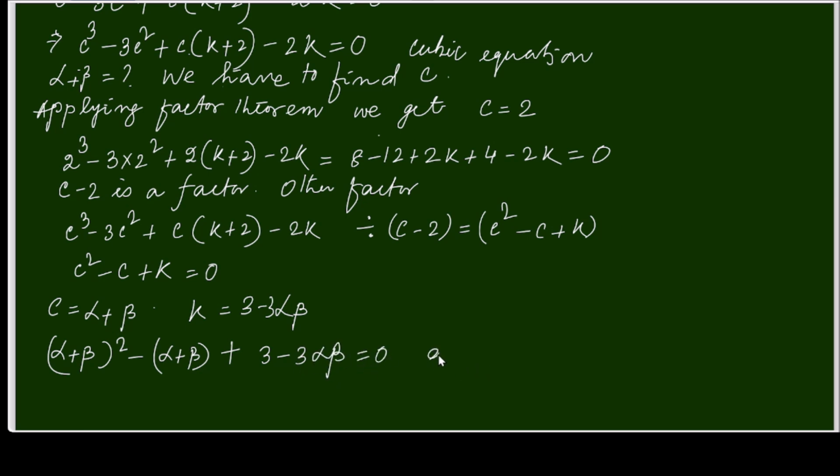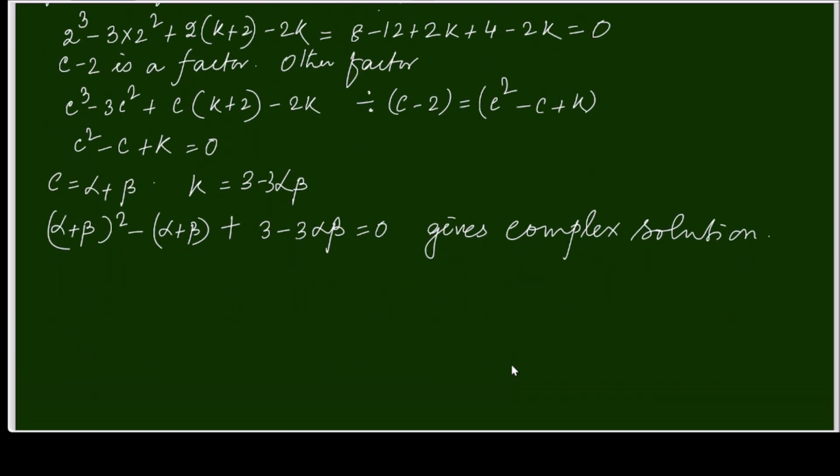This gives us complex roots. So the ultimate solution is alpha plus beta equals C, that is 2. So this is the answer.